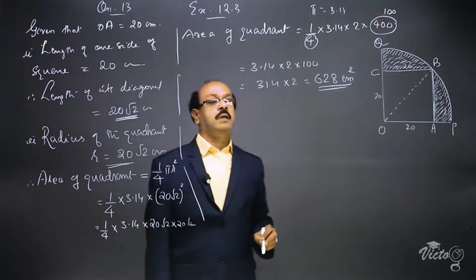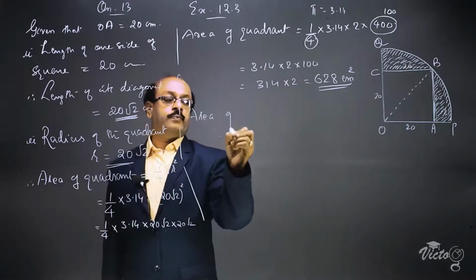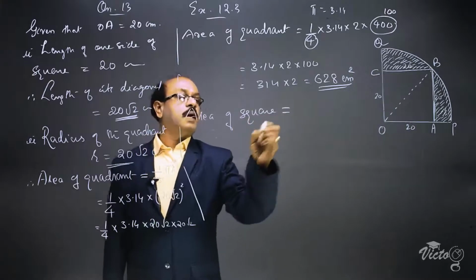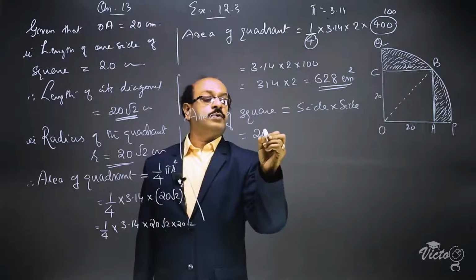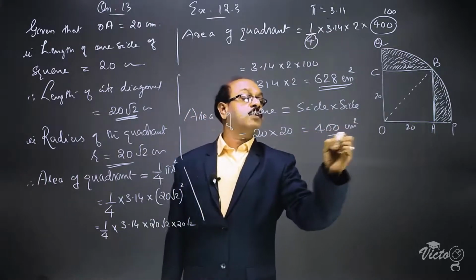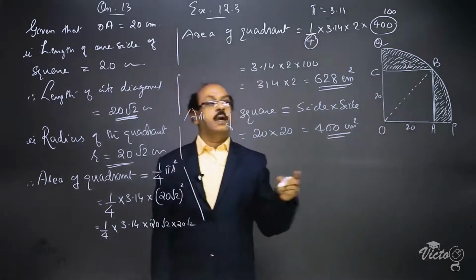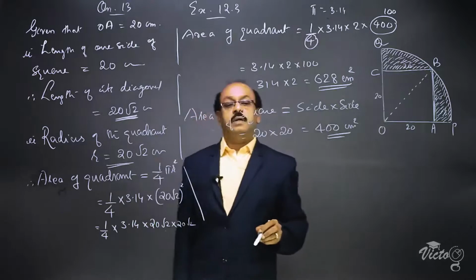Now we can find the area of the square. Area of square is equal to side into side, which is equal to 20 into 20, which is equal to 400 centimeter square. Now, subtracting the area of the square from the area of the quadrant, we will obtain the area of the shaded region.